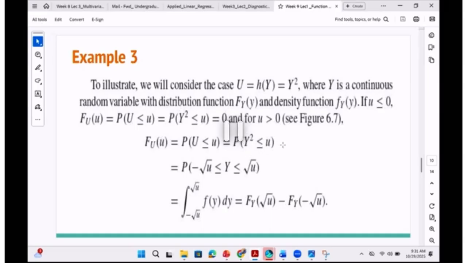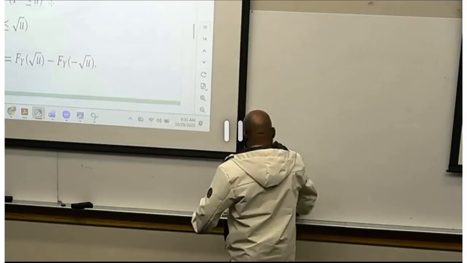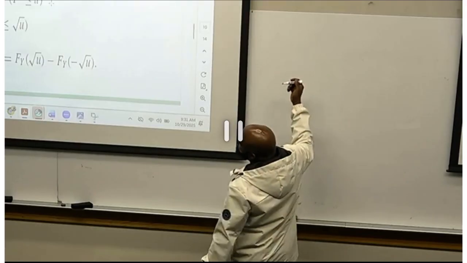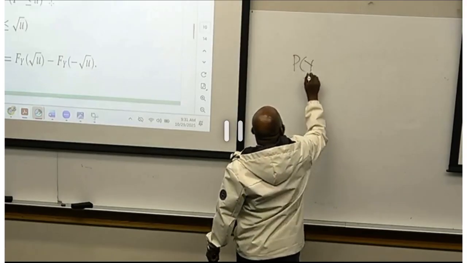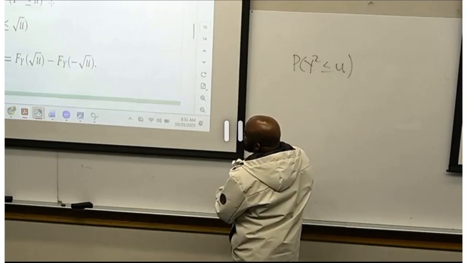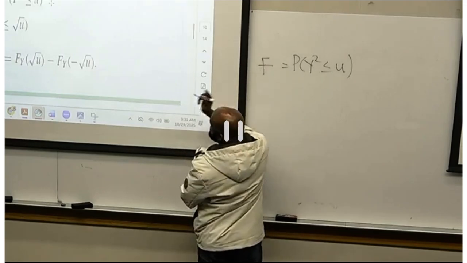If I have the probability of y squared less or equal to u, don't forget, this is the CDF that I want to find, okay?